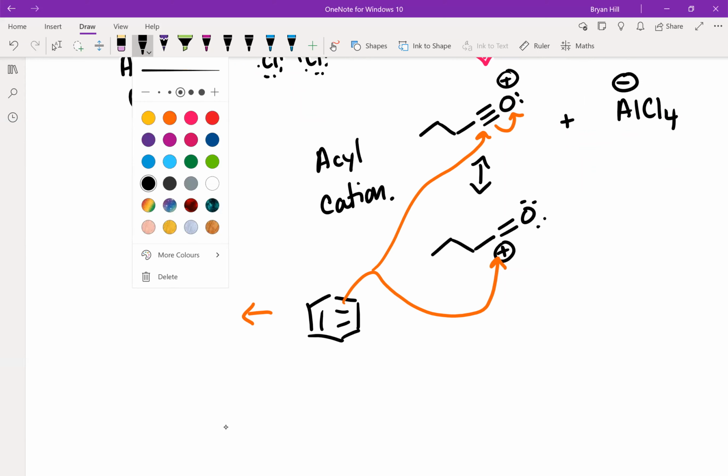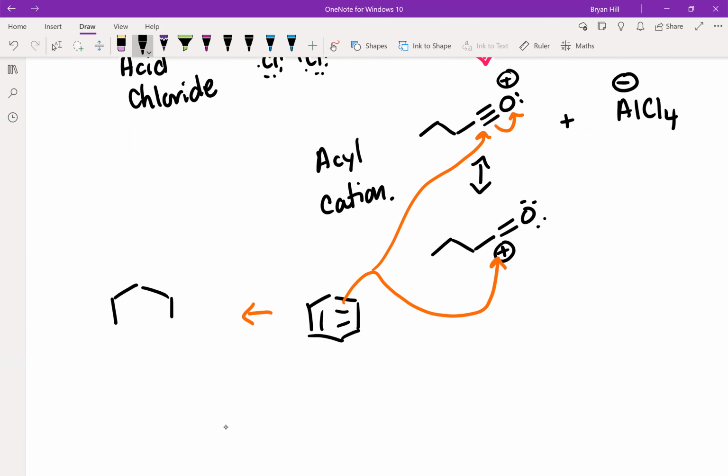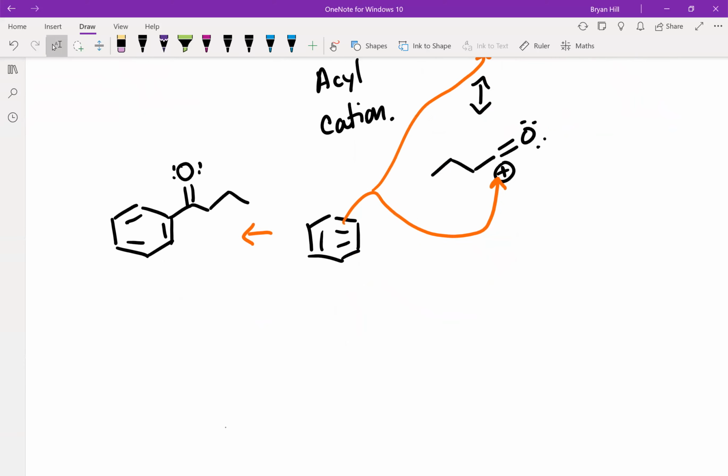What happens is that it can only attack one place. There is no rearrangement which takes place. And then we've got 1, 2, 3, 4. We end up making a ketone, essentially.